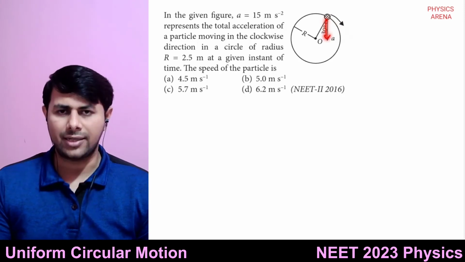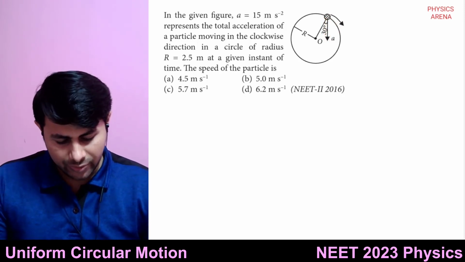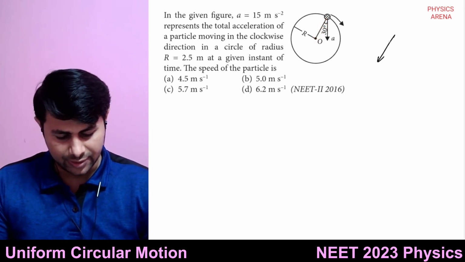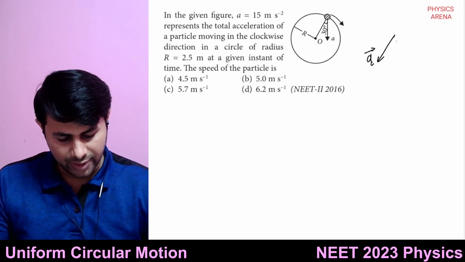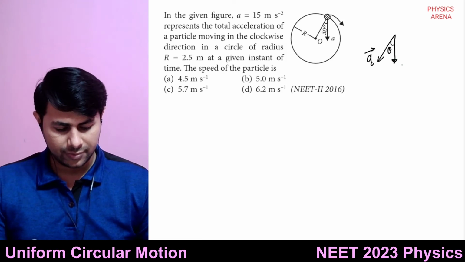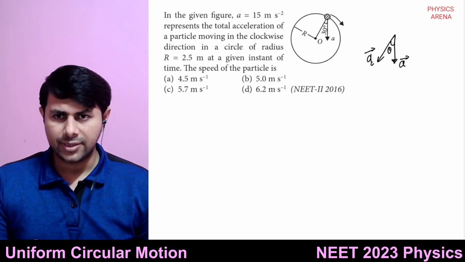It is total acceleration. Okay, and we just studied how to find centripetal acceleration. If the angle between the centripetal acceleration, this is AC, and the total acceleration is theta, then AC is a cos theta.